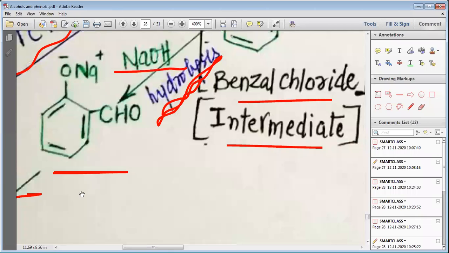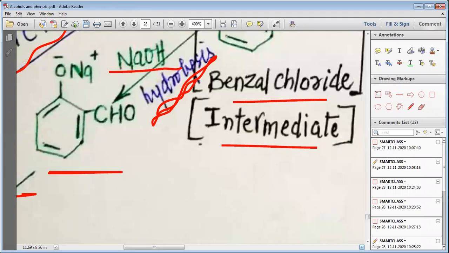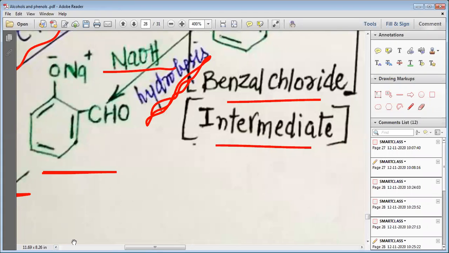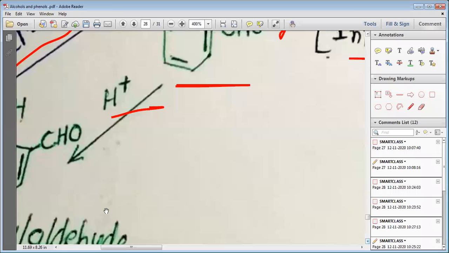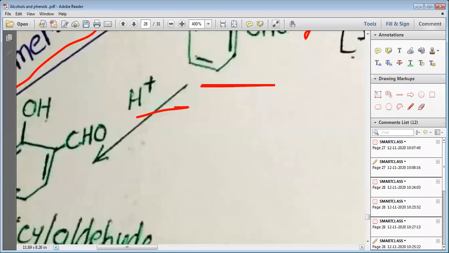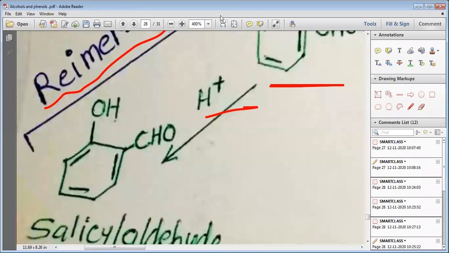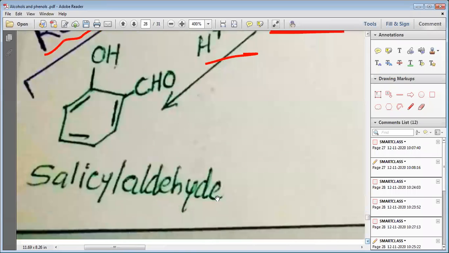This ONa turns into OH when it is treated with acid, H plus. So this ONa simply turns into the OH when it is treated with H plus, and this OH with CHO is known as salicylaldehyde.